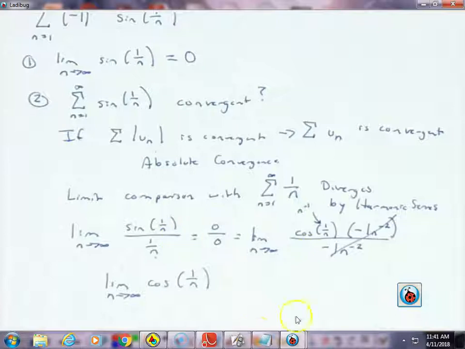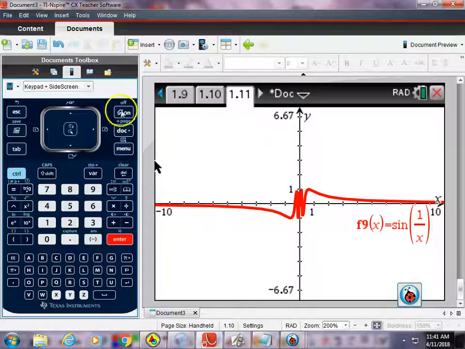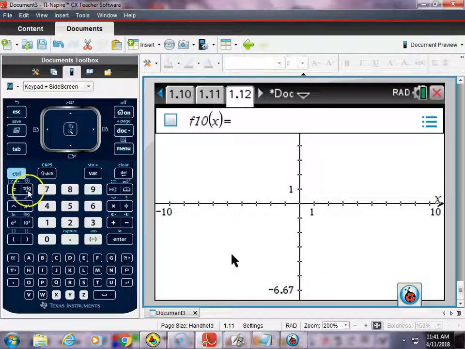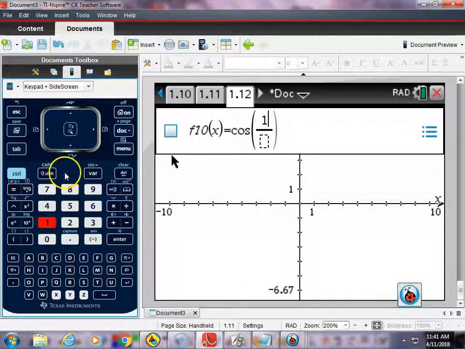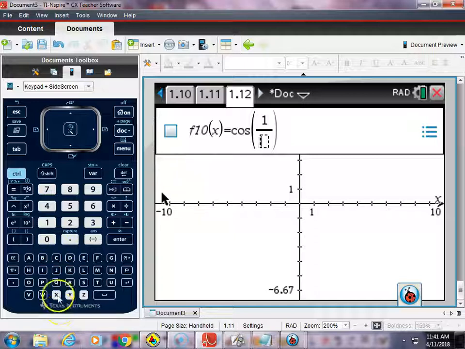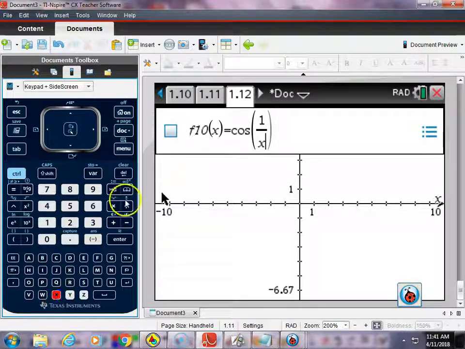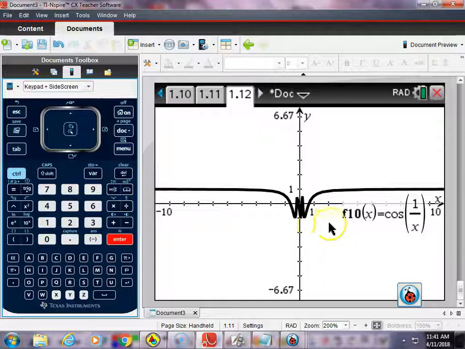Let's just take a look at it. So cosine of x, and this is flattening out at 1. Kind of like this goes to 0 and cosine of 0 is 1.